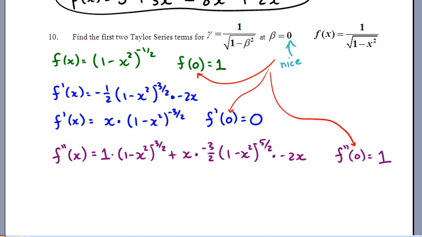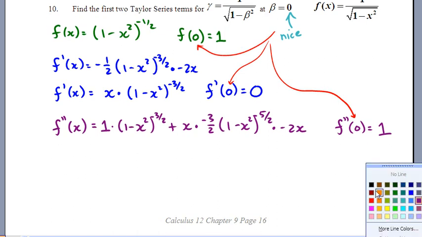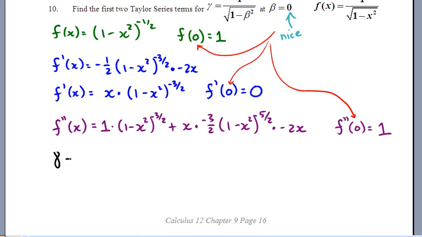Okay, so let's start approximating this gamma. The whole idea is that we're trying to create this approximator for gamma. We're calling it f of x mathematically. So it would be the function figured out at 0 plus the derivative figured out at 0 divided by 1 factorial times x to the 1.